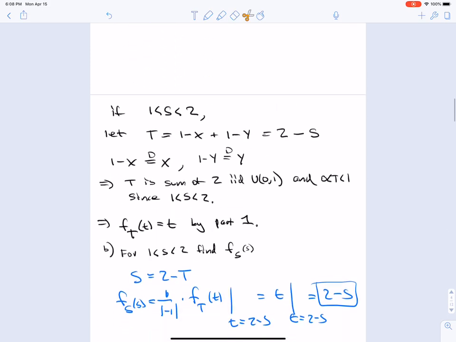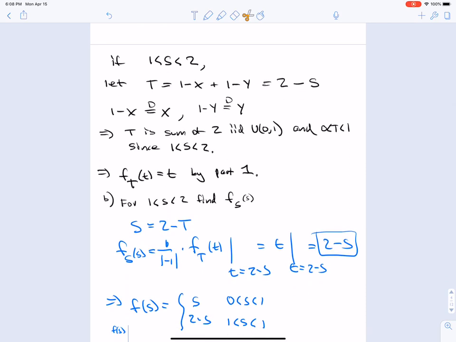Next, in the case when S is between 1 and 2, we need a trick.